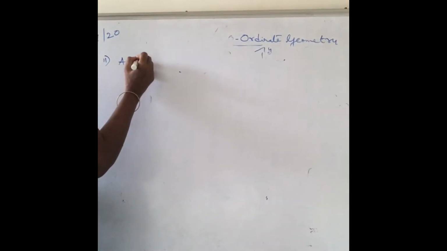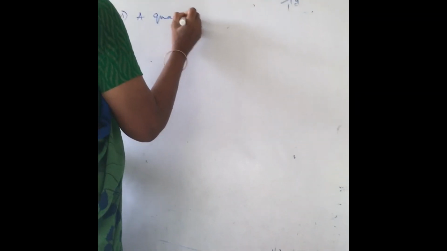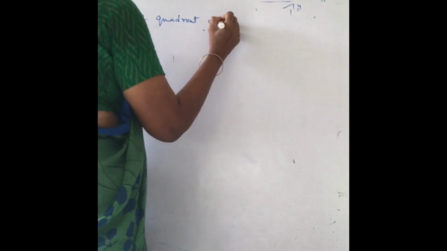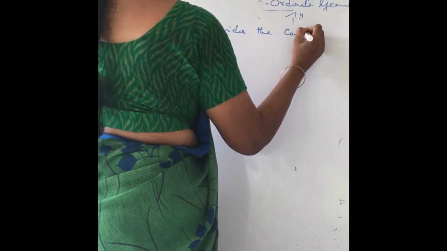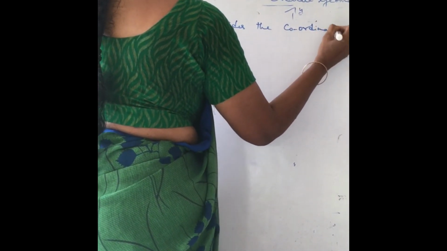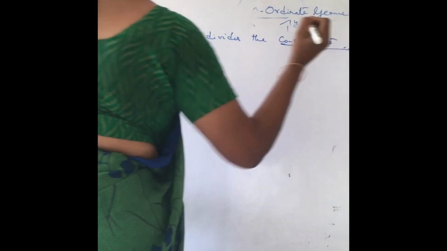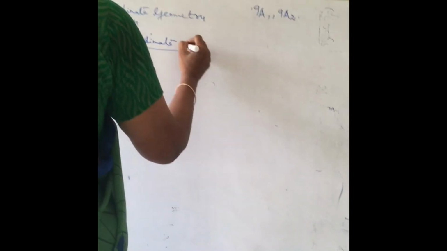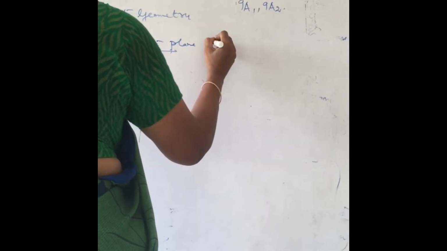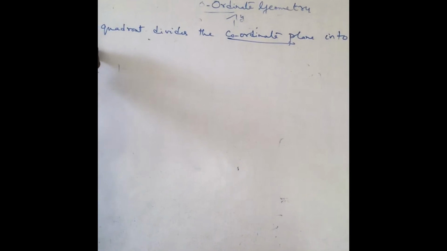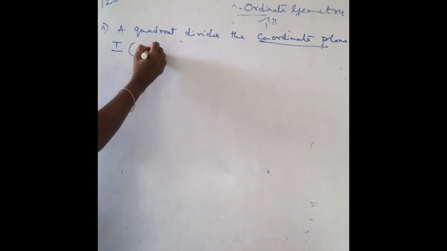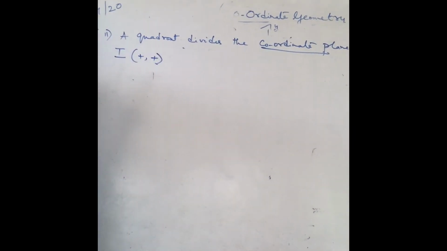A quadrant divides the coordinate plane into 4 parts. The first quadrant, in the first quadrant, x is positive, y is positive.